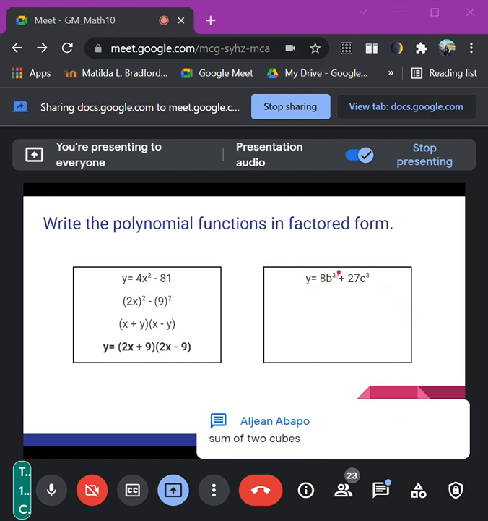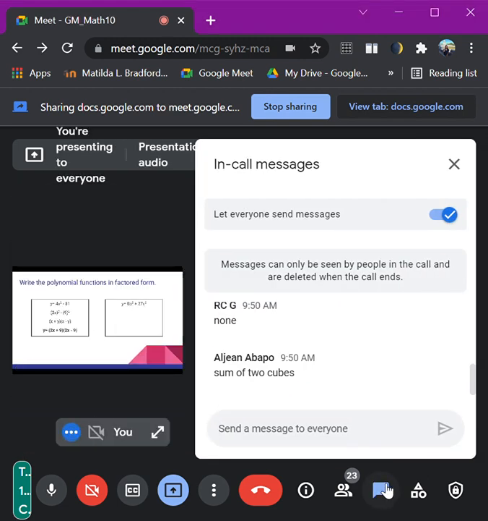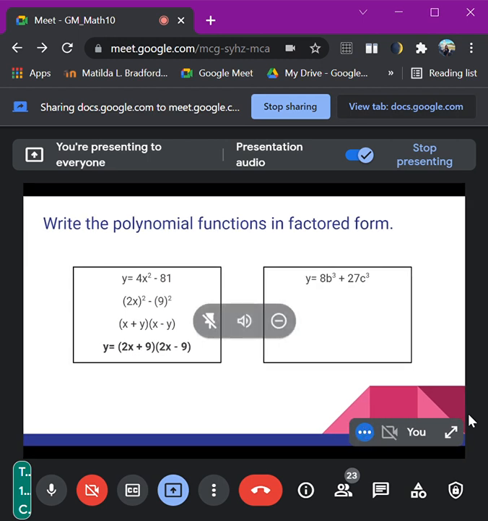You have there a cube, and then this one is a cube. Okay, and then we have plus. So we can use the sum of two cubes. Very good.